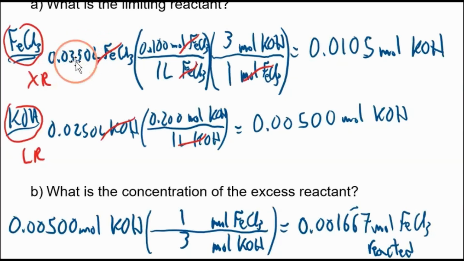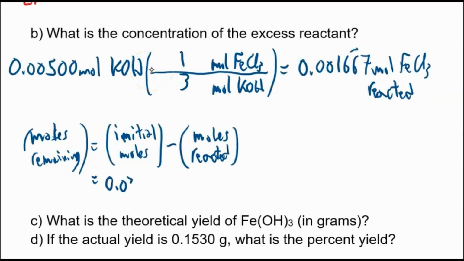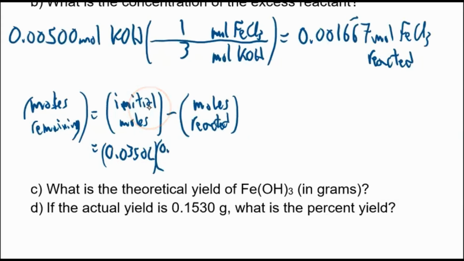We have this volume and a concentration, so this first step right here will give us moles of the iron 3 chloride. So 0.0350 liters, and there are 0.100 moles for every 1 liter.